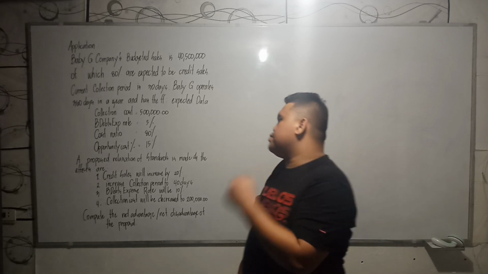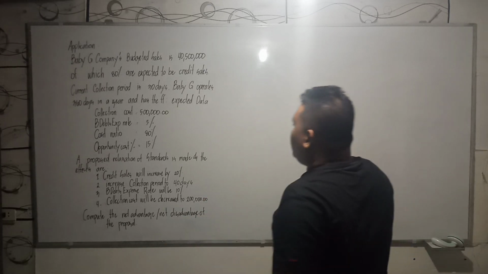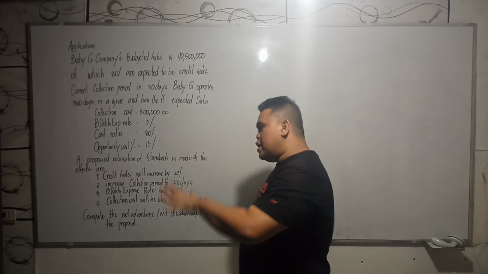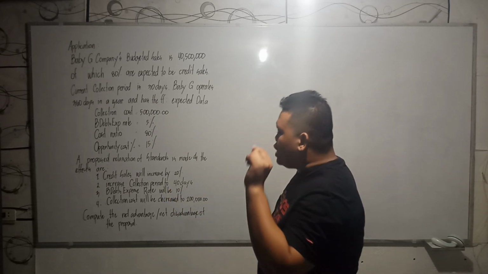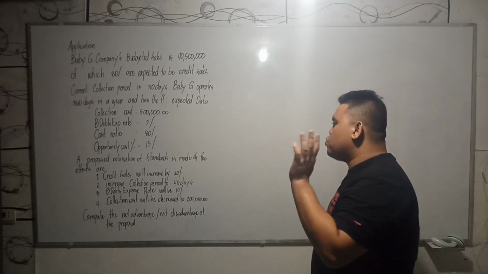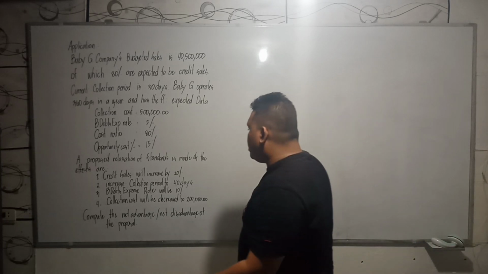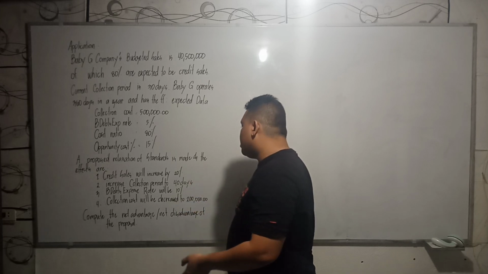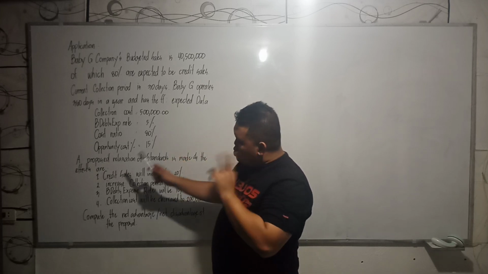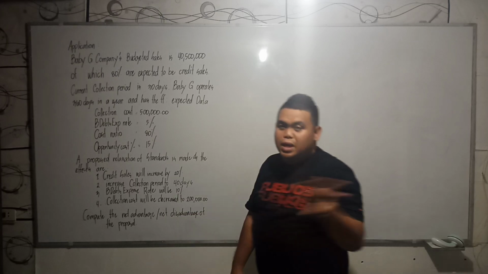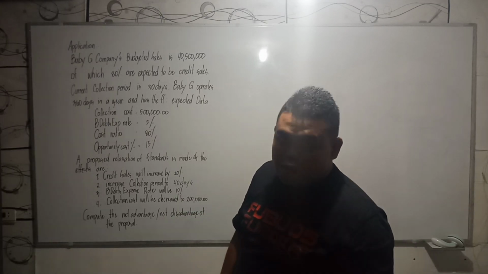Okay? Now, there is a proposed relaxation of standards. And the effects of this proposed relaxation of standards is that, number one, the credit sales will increase by 20%. Number two, there will be an increased collection period up to 40 days. So this is to be expected because you are going to relax your standards. So meaning, the customers will not pay immediately.